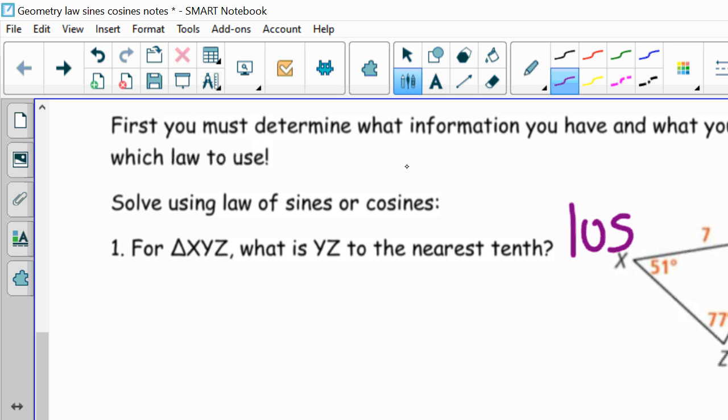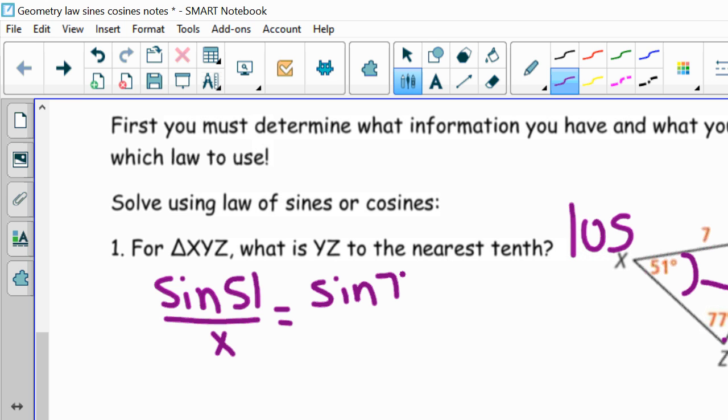So for my law of sines, I'm going to take this angle and this side. The sine of 51 degrees over that side length, which is x, is equal to the sine of 77 over that side length, which is 7. We have a proportion. To solve a proportion, we simply cross multiply.